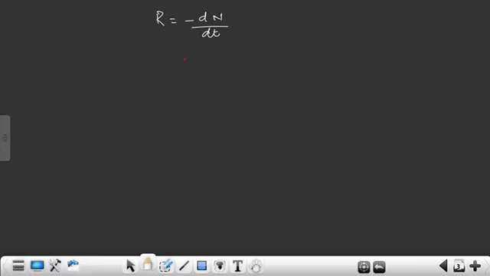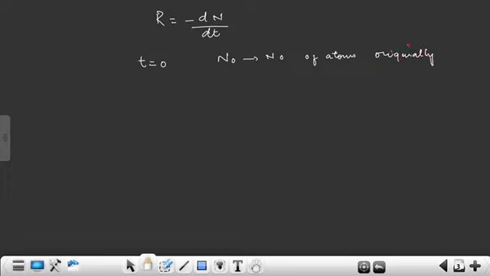Suppose when the radioactivity is about to start, when it has not yet started, the sample has N naught, the number of atoms originally present.